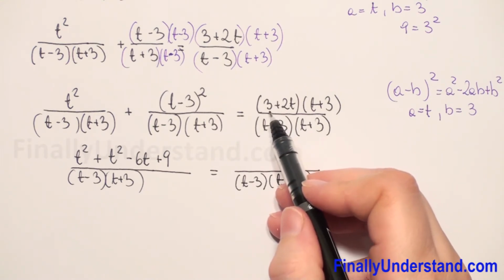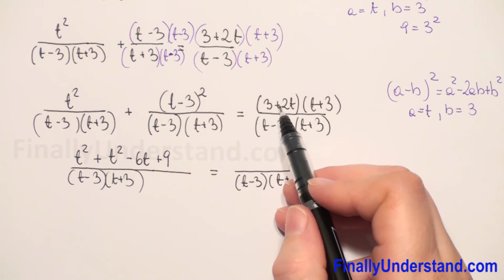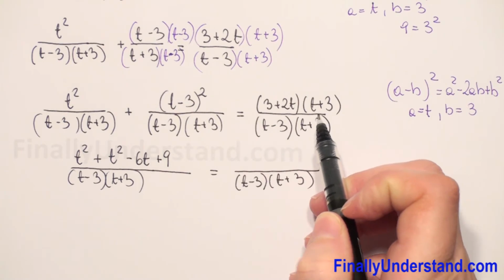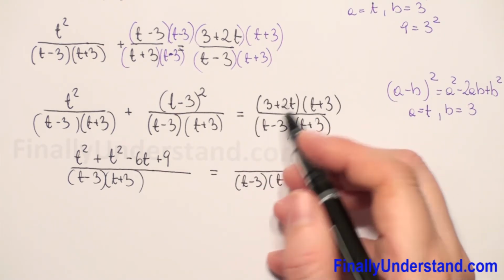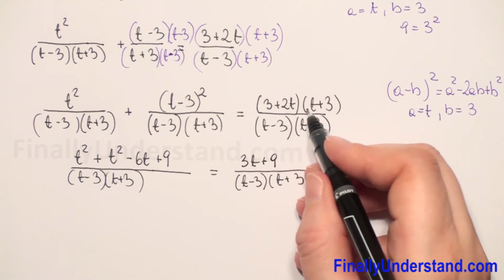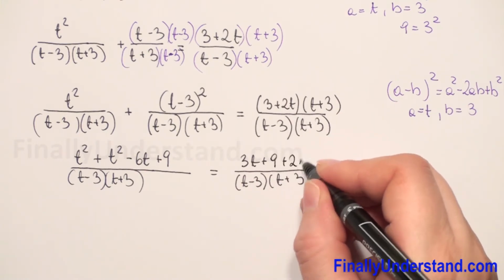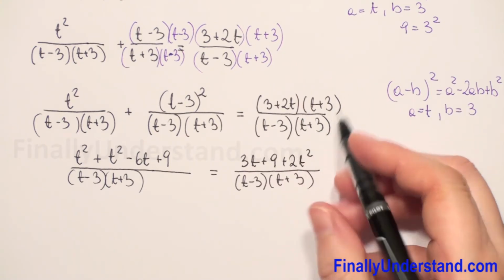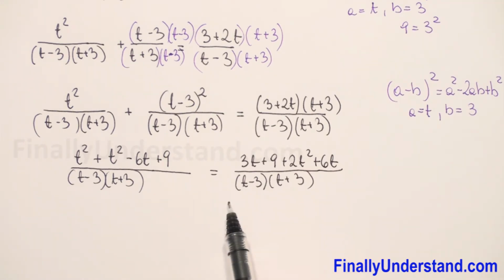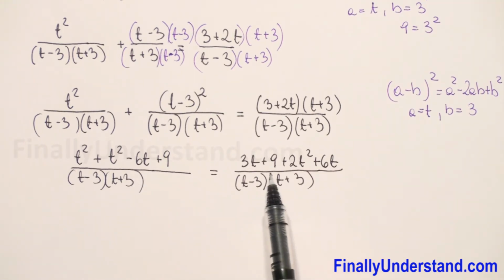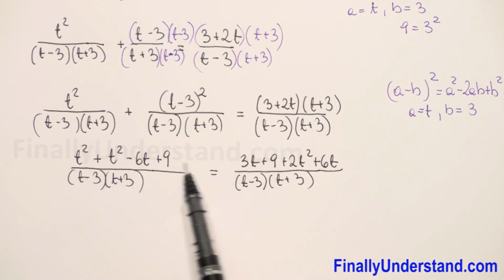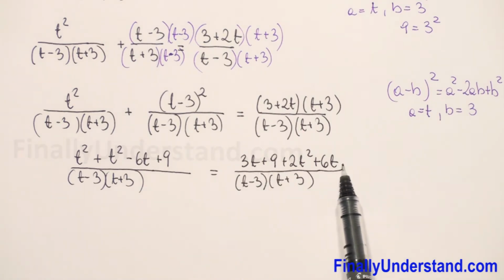And now in the numerator we have to do multiplication. Every expression in the first parenthesis we multiply by every expression in the second parenthesis. So 3 times t is 3t, 3 times 3 is 9, 2t times t is 2t squared, and 2t times 3 is 6t. Now we see that we have the same denominator, so the left side will be equal to the right side only when the numerator on the left side is equal to the numerator on the right side.